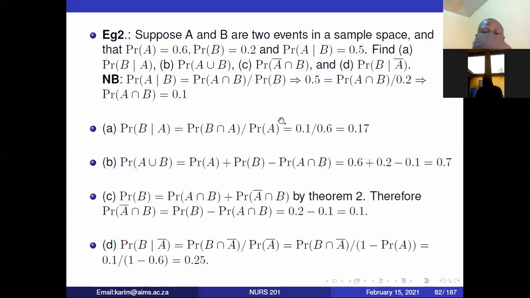Hello? Yes, sir. What is it that you don't understand under notes? We were able to get the probability of A intersection B divided by probability of B. But you know how this component here is expressed from the conditional probability. Can you substitute the values and make the probability of the intersection the subject?